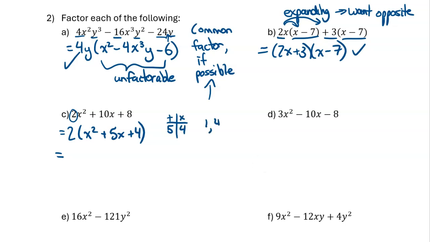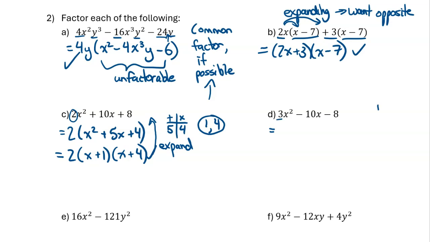And so those two numbers are 1 and 4. And the nice thing about a simple trinomial where we have a 1 in front of the x squared term is that we can just go ahead and write the final answer out. We don't need to do any decomposition or anything because that is the answer. It always will be. So we still have that factor of 2 up front, but we have x plus 1 times x plus 4. And you can expand that back out to check to see if you got it right.